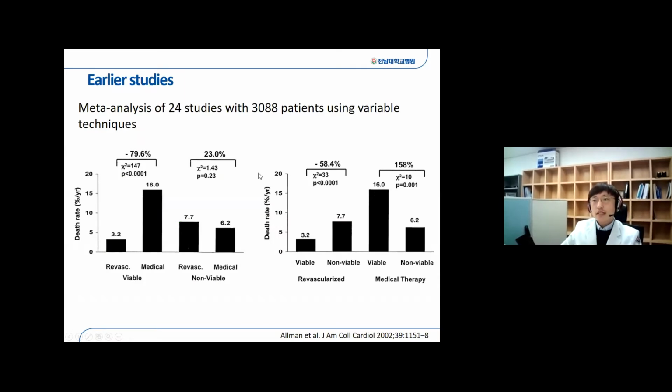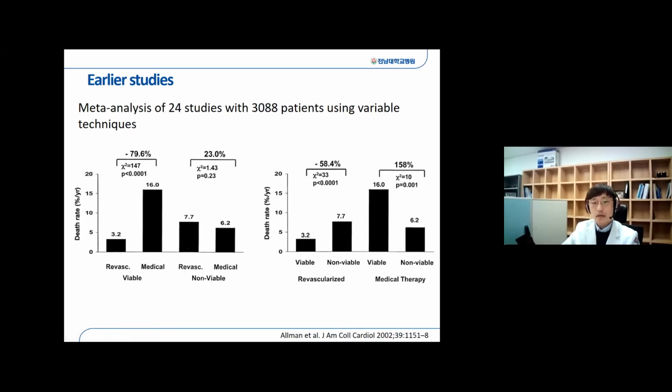In the earlier studies, viability testing was the key to decide revascularization in patients with ICMP. This is a meta-analysis of 24 observational studies, including over 3,000 patients, which was published in 2002, and it clearly showed that in the presence of viable myocardium, revascularization was associated with 5 times better outcome as compared to medical therapy.